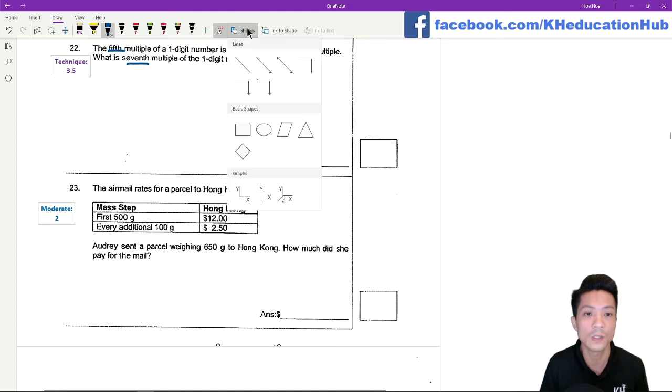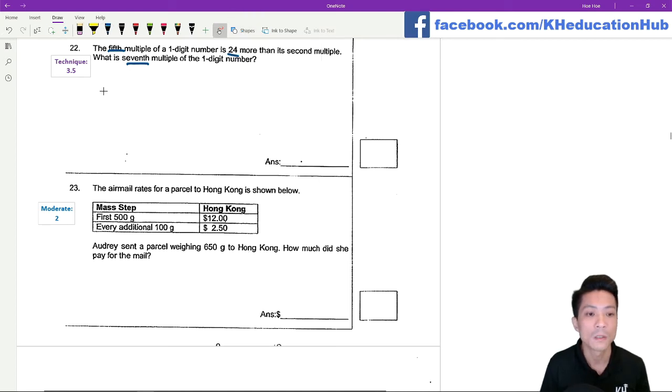Right, in this case, we can use the model to represent the fifth multiple of a one-digit number, which means that I can draw 5 blocks. Okay, this will be the number. Right, fifth multiple means the number times 5. This is 24 more than its second multiple.